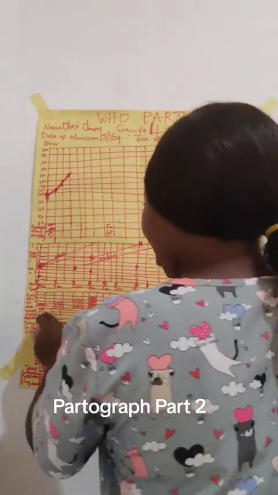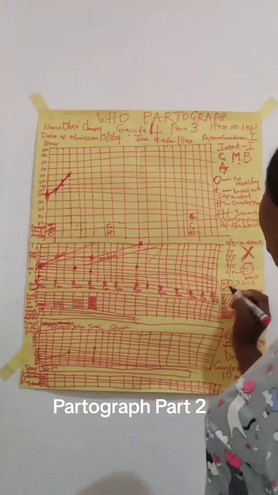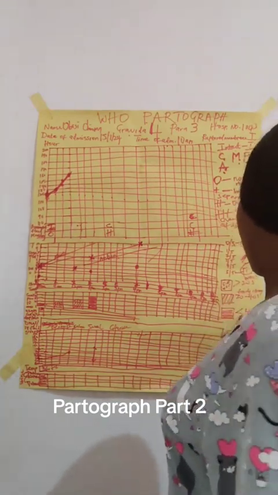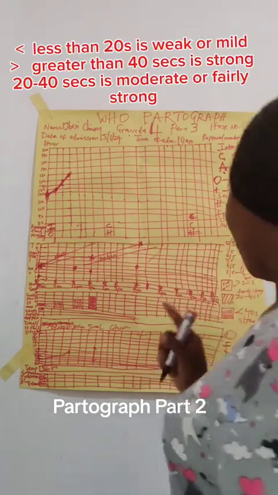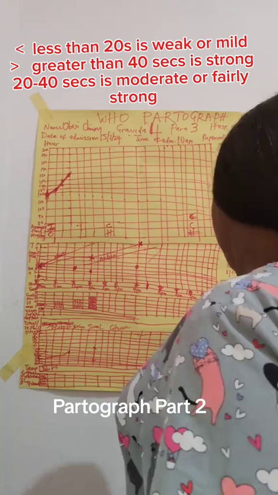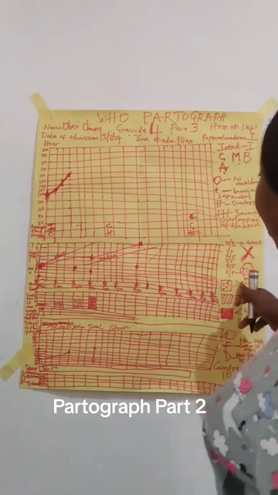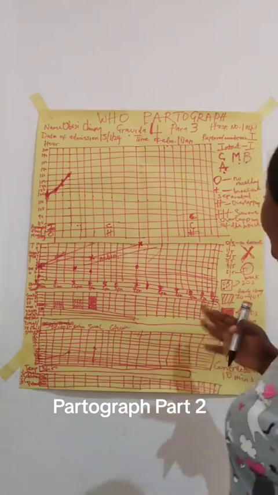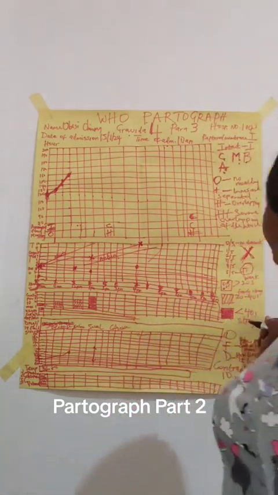If it's 20 to 40 seconds, you indicate it with this slash. If it's greater than 40 seconds, that is, up to 1 minute and above, you shade it. That is strong. Less than 20 seconds is weak. 20 to 40 seconds is fairly strong, while greater than 40 seconds is strong.